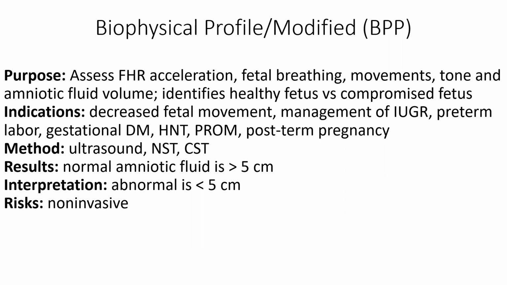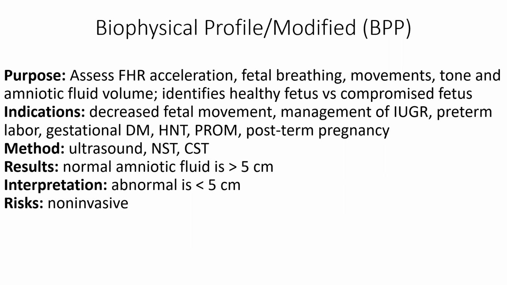This score here, okay, what's right there? Normal amniotic fluid is more than 5. The interpretation would be abnormal if less than 5. But in regards to the entire biophysical profile, the score itself ranges from 0 to 10.